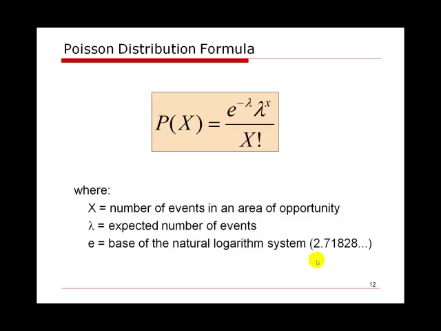So basically we only have 2 parameters. One is lambda, which is the expected number of events for a given unit of the area of measurement. And the other one is x, which is the number of events in an area of opportunity.